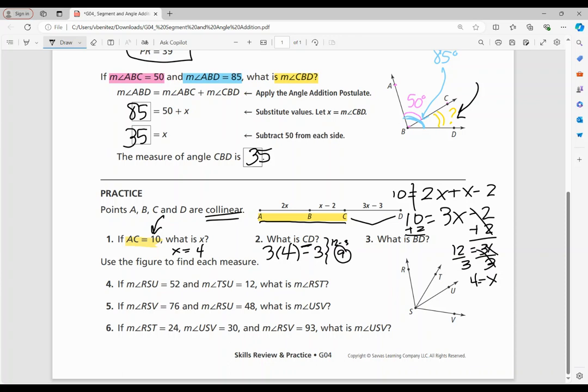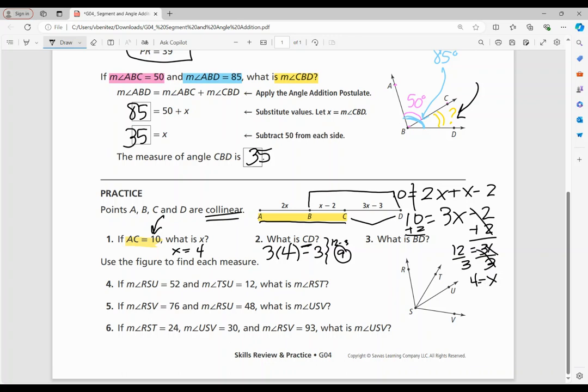Then you would do something similar here from B to D. This whole section right here is equal to x minus 2 plus x minus 3. Combine those two expressions, substitute in 4 for x, and then solve.